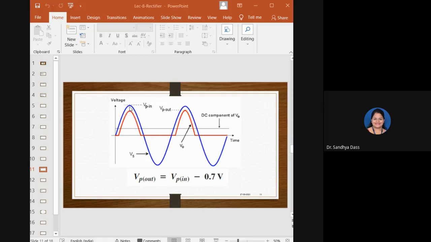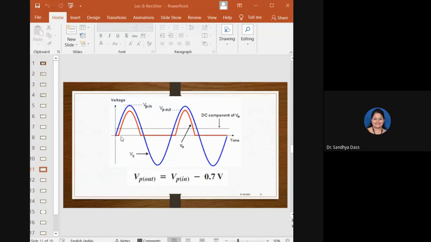So VP out, the red one, will be equal to VP in minus 0.7, right? That is what I mentioned. The peak of the output from the rectifier will be 0.7 volts less than the input. And I hope it is clear.